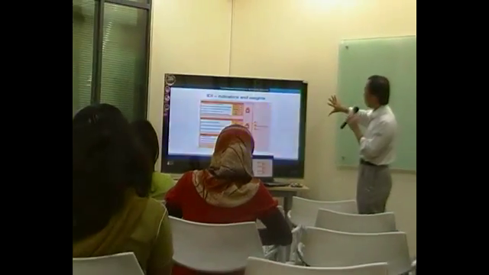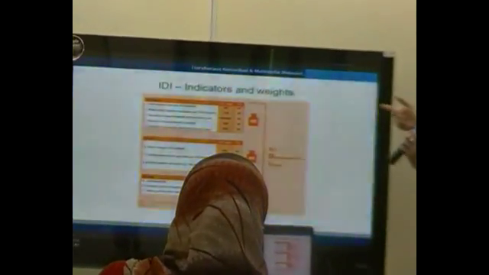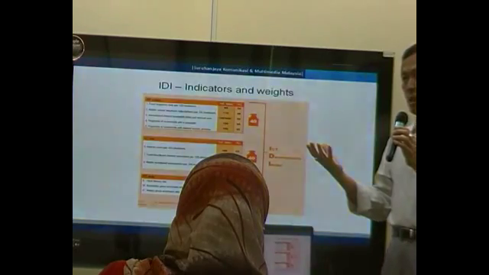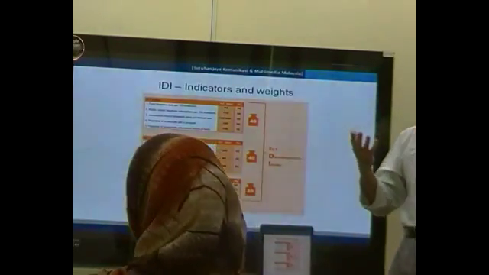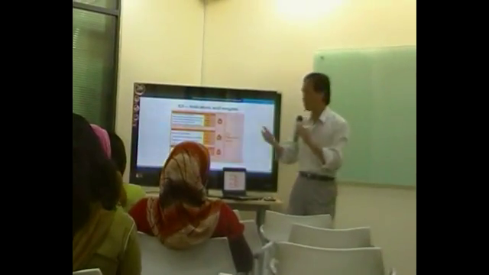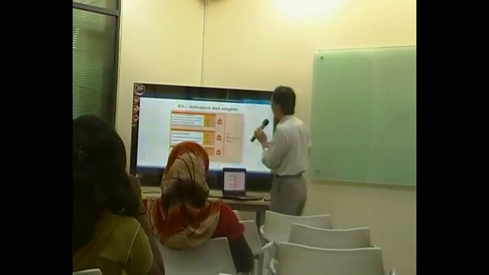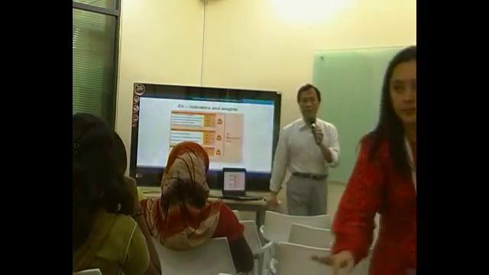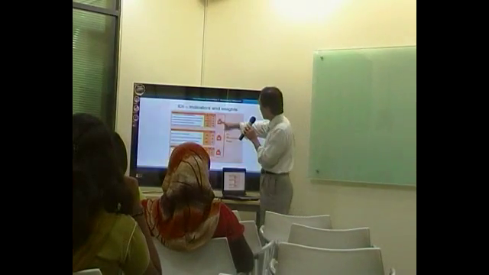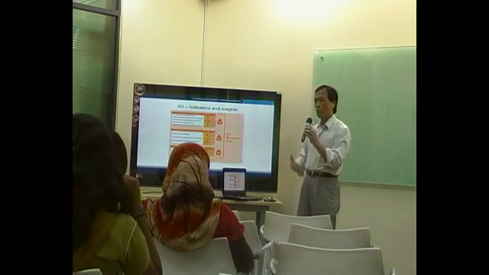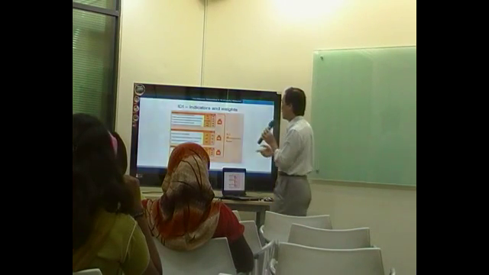Now, how do they combine these indices? First of all, we will talk about indicators. But then again you ask, what's an indicator as opposed to an index? Or for that matter, what is data, what is statistics? So indicators here refer to things such as fixed telephone lines per 100 inhabitants. That's an indicator. Mobile cellular telephone subscriptions per 100 inhabitants, which I think you are quite familiar with.